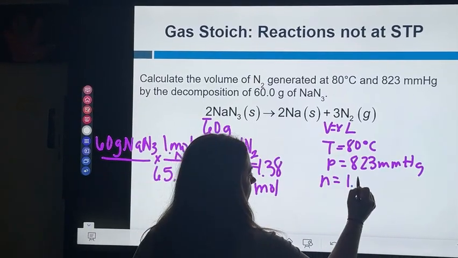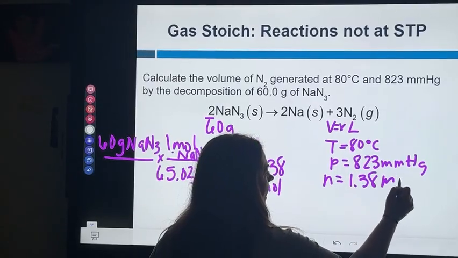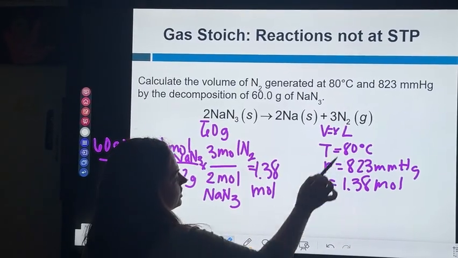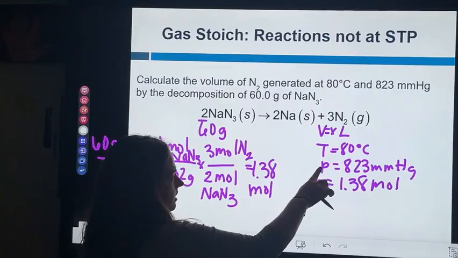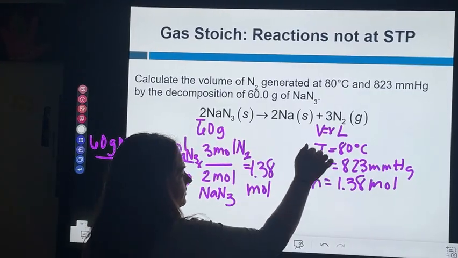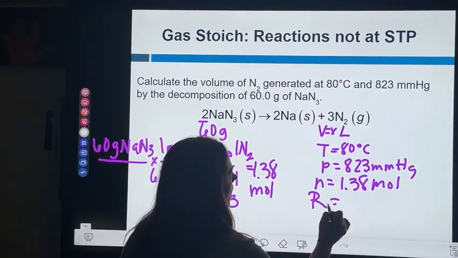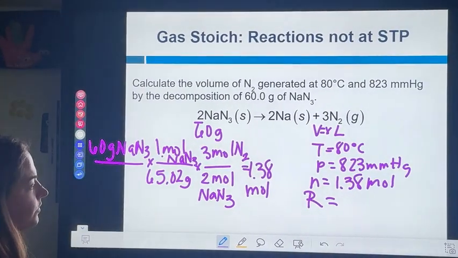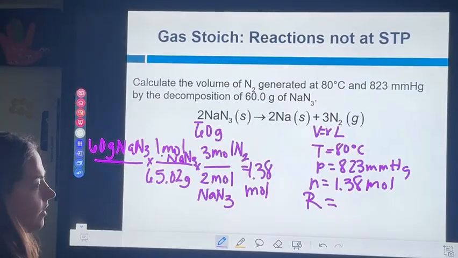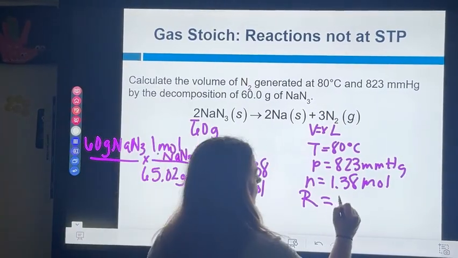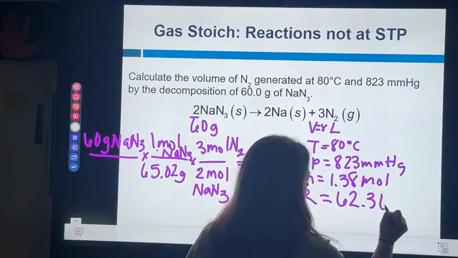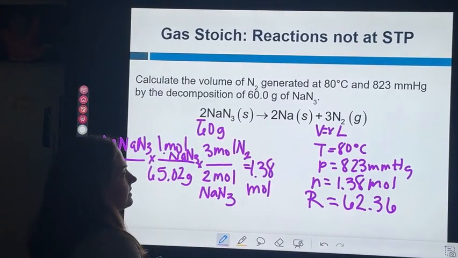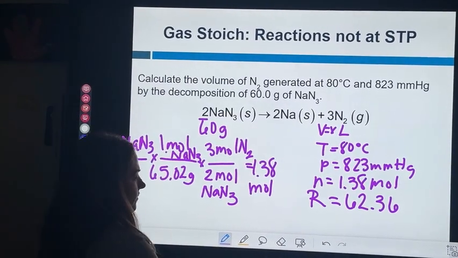So we can plug that number in here because now we have the moles of N2, which is what we need. So we have P, we have V, we have n, we have T, and we also know our R. Since our pressure is 823 millimeters of mercury, our R is going to be 62.36. Okay? So now you can easily use the ideal gas equation to solve for V.